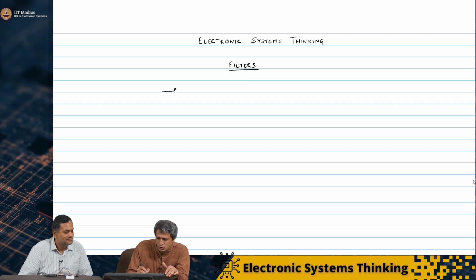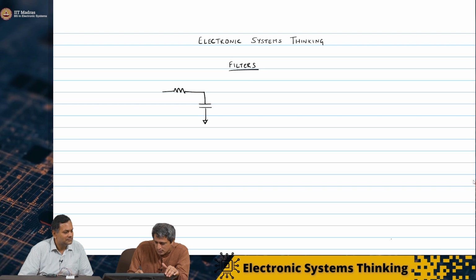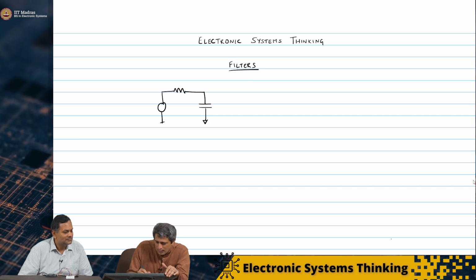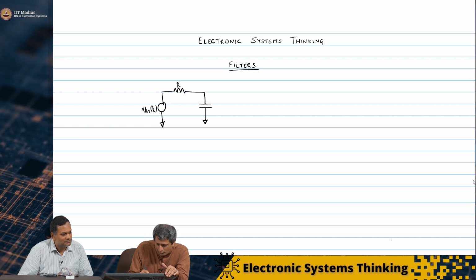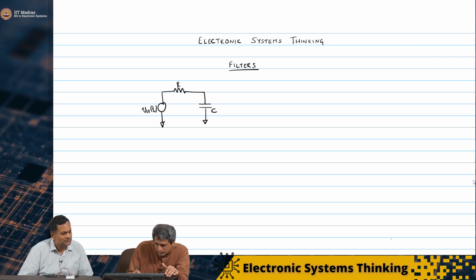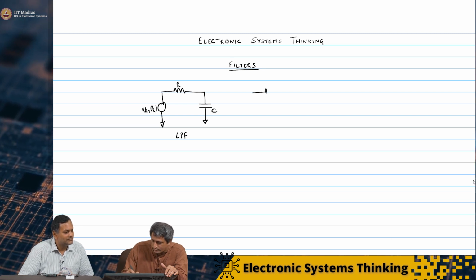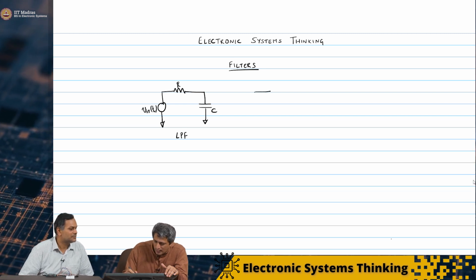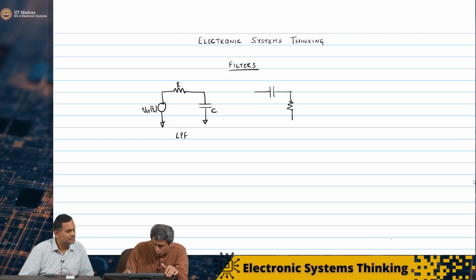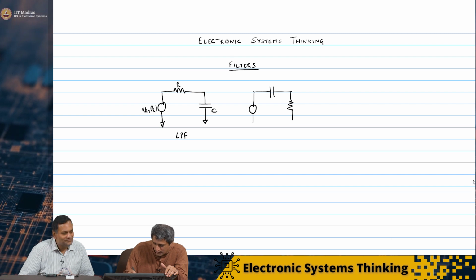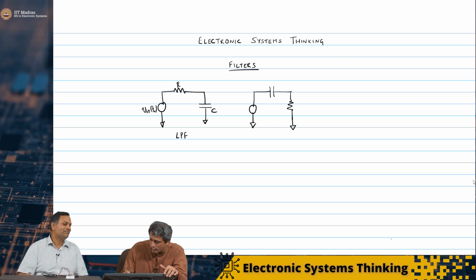So, just to remind the students, this was effectively our V in of t, RC. This was the low pass filter, right? And then you had the high pass filter, which you redrew very nicely last class. Effectively it's just looking at the resistor voltage of the low pass filter.